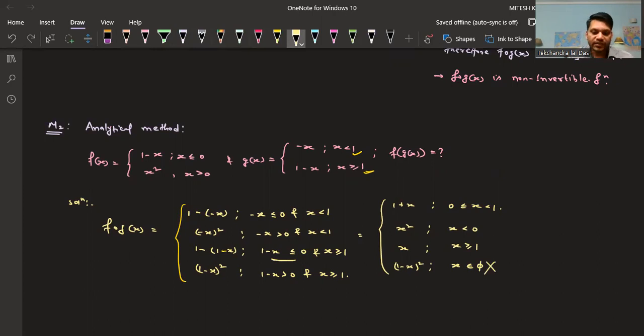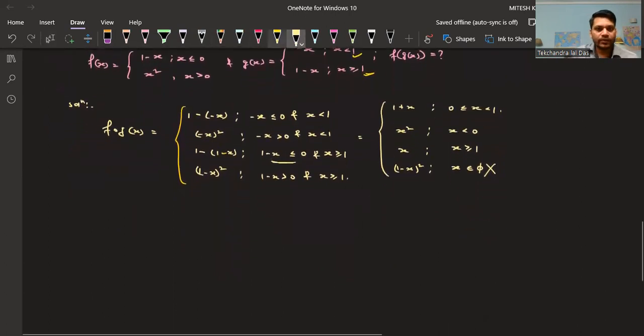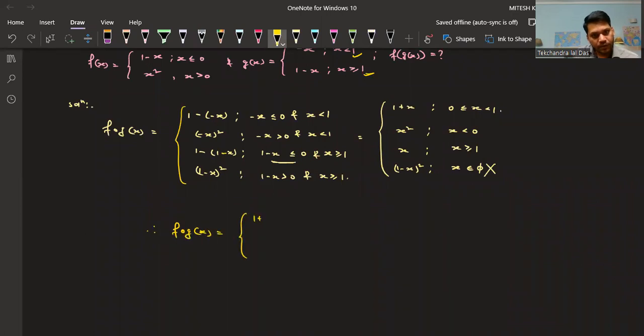Let's rewrite the function again, what we got here. Therefore f composite g function is 1 plus x for x between 0 and 1, x square for x less than 0, and x for x greater than or equal to 1.